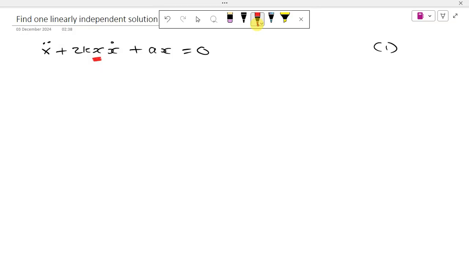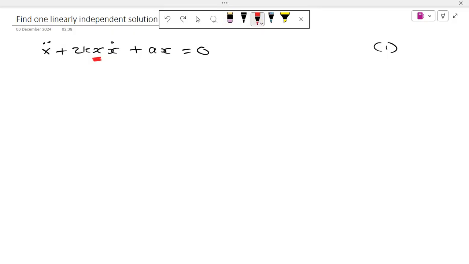And in fact, it's actually non-linear because of this fact. If that x had been a t, then this would still have been a linear ordinary differential equation. But in this case, it's a non-linear second order ordinary differential equation.